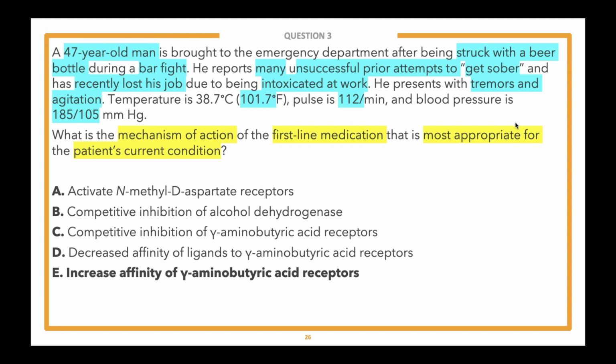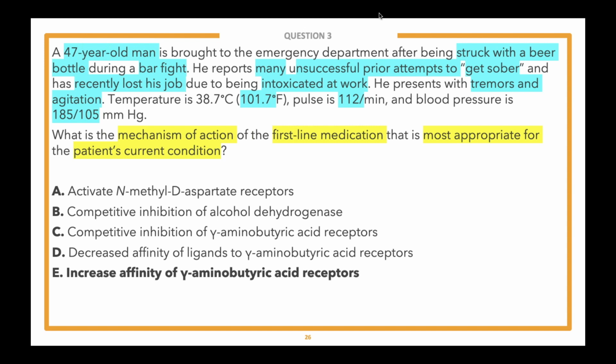Really, we want to help control the psychomotor agitation and autonomic instability that's going on. And lastly, answer choice A, this is getting at something like glutamate, okay, which can bind to and activate those receptors. This would also lead to more neuronal excitation as well, though, so that wouldn't really be a great option as well.